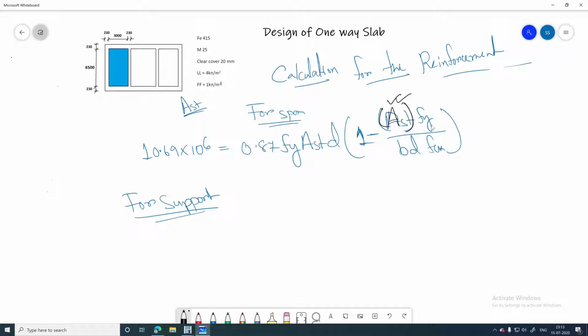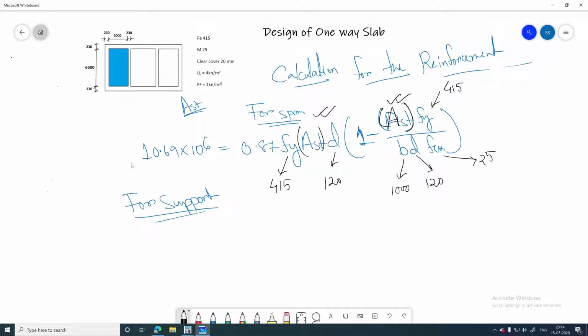Fy is 415, B is 1000, D is 120, Fck is 25, AST we need to determine. So every value is given. You need to find the result for this AST.